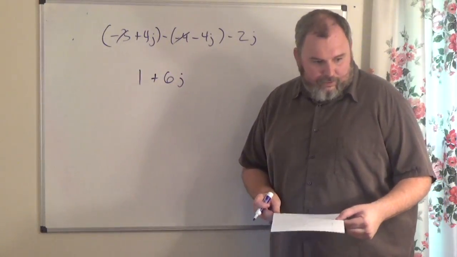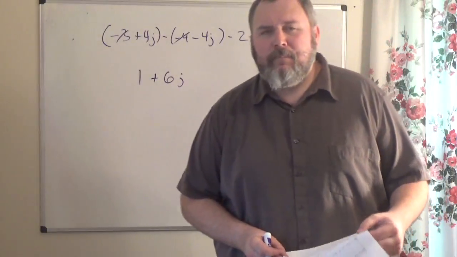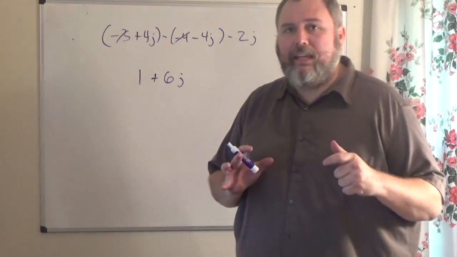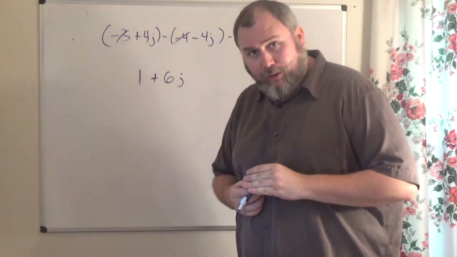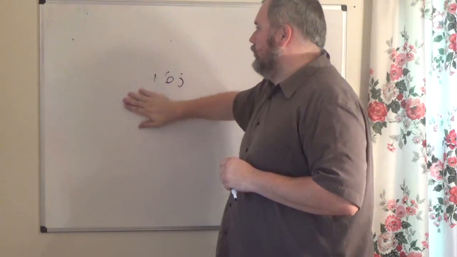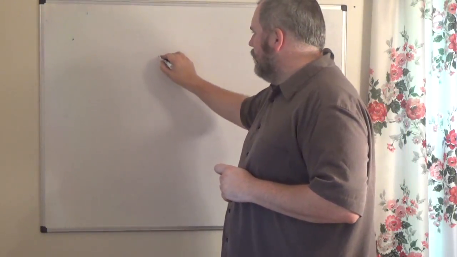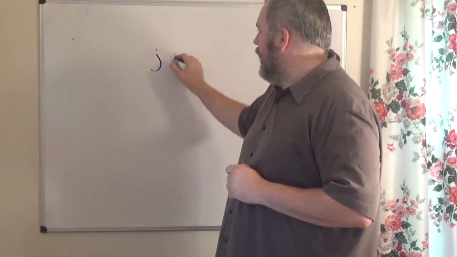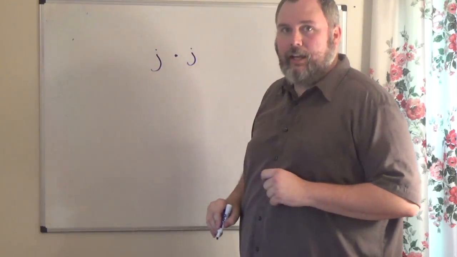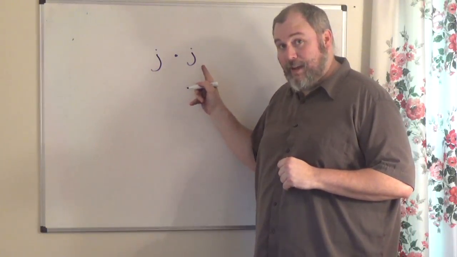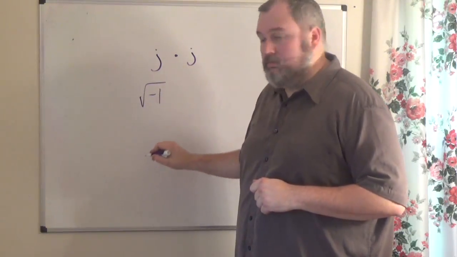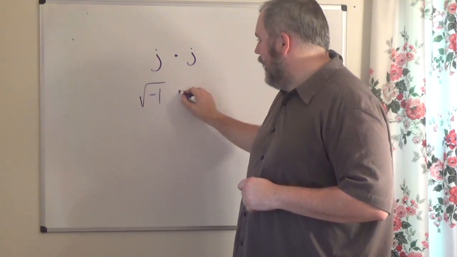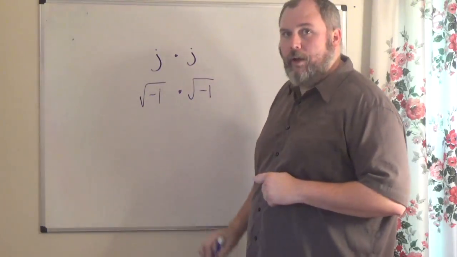Now, what really gets interesting, and we're almost to the end, is when we start to multiply j's. We're not going to go but so far with it. I'm saying j's, but I mean imaginary numbers. If I take a j and multiply it by another j, an imaginary number times an imaginary number, this is really saying the square root of negative 1 times the square root of negative 1.